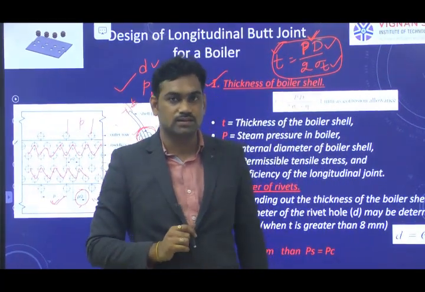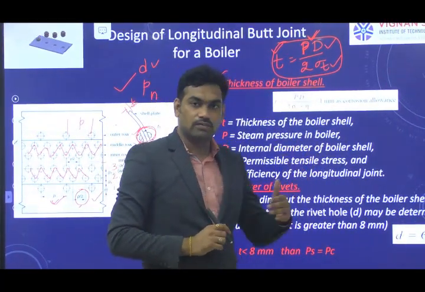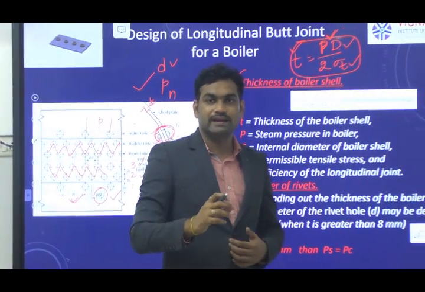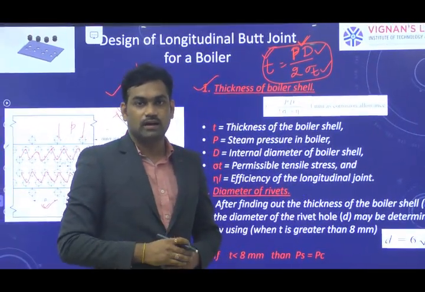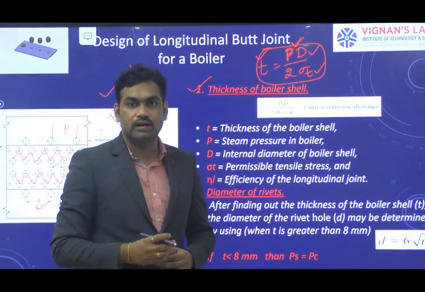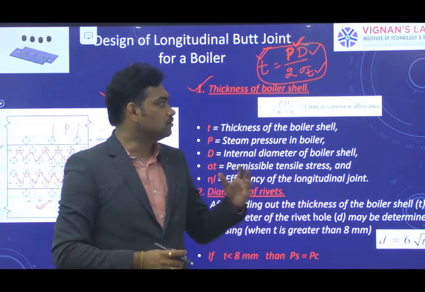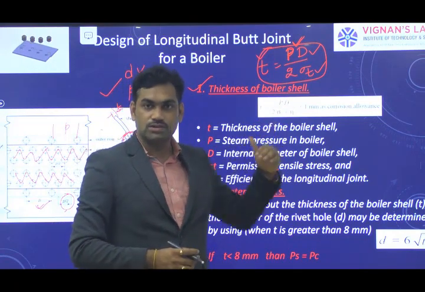But coming to the case here, for joining the plates we are going to drill holes. Whenever we drill holes, the strength of the material is going to reduce, so we need to take the reduced strength values.